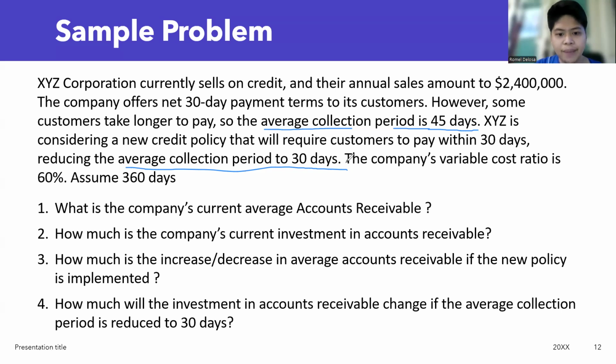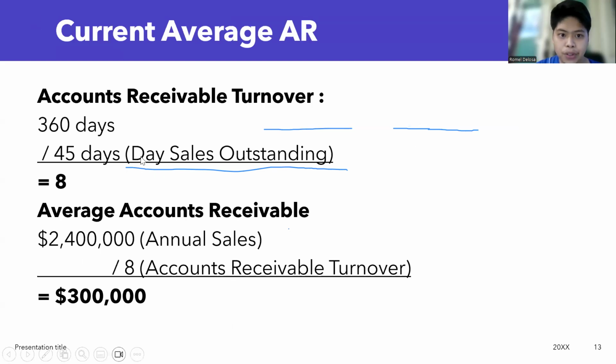So ano yung goal natin? Our goal is to determine the increase or decrease in AR if the new policy is implemented. Or, in other words, magkano ba yung difference ng AR sa proposed and old policy? So, yun ang plano natin i-compute.